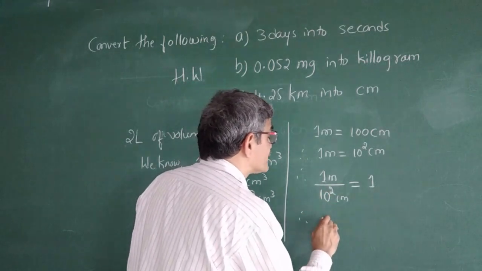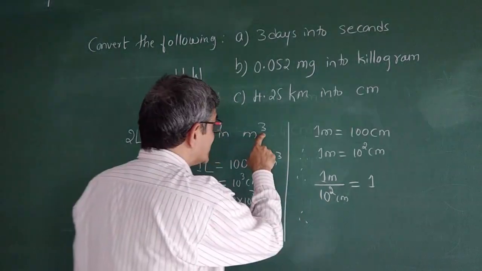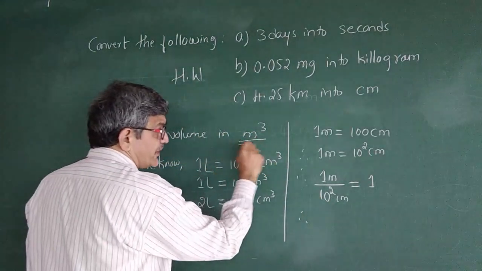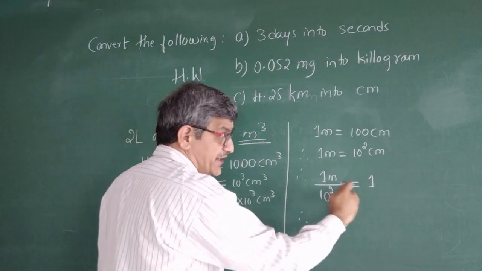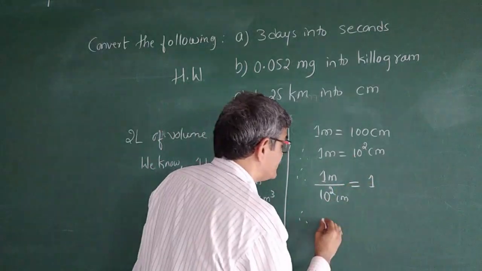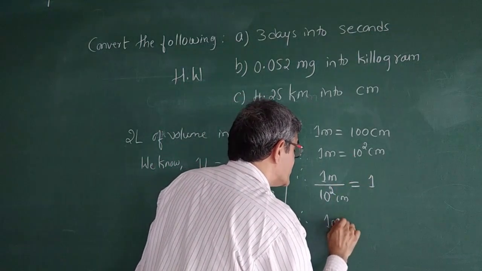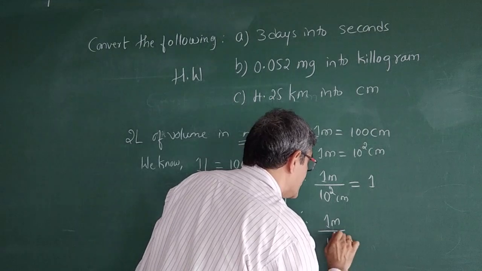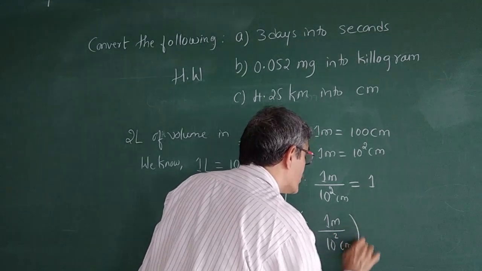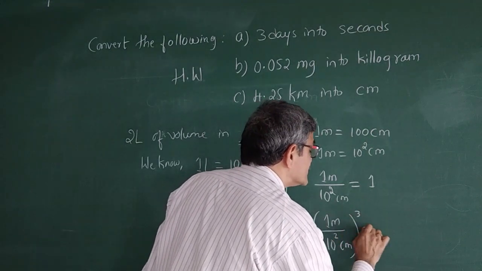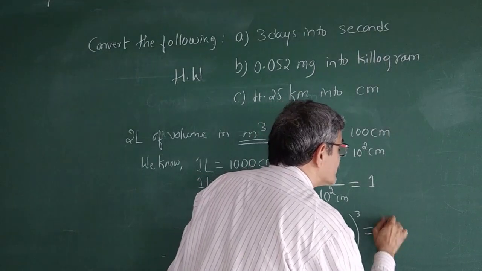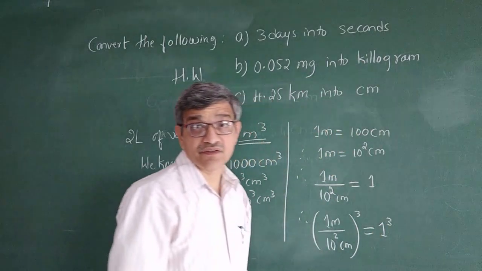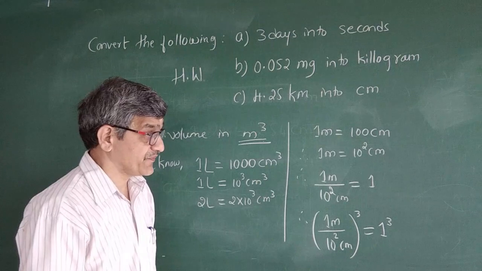So therefore, now again meter cube. We require it in terms of meter cube. Here it is meter. Take a cube on both sides. 1 meter divided by 100 centimeter, whole cube, equal to what? 1 cube. Okay, that's equal to 1 cube.